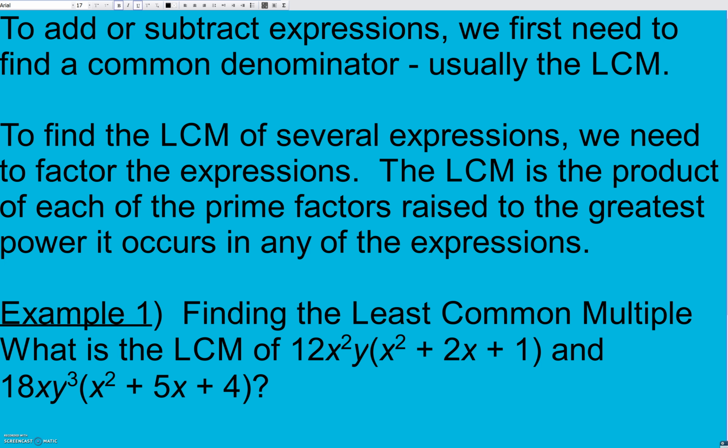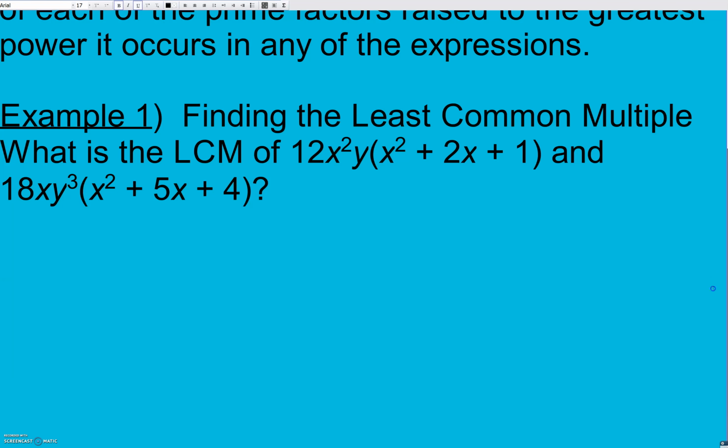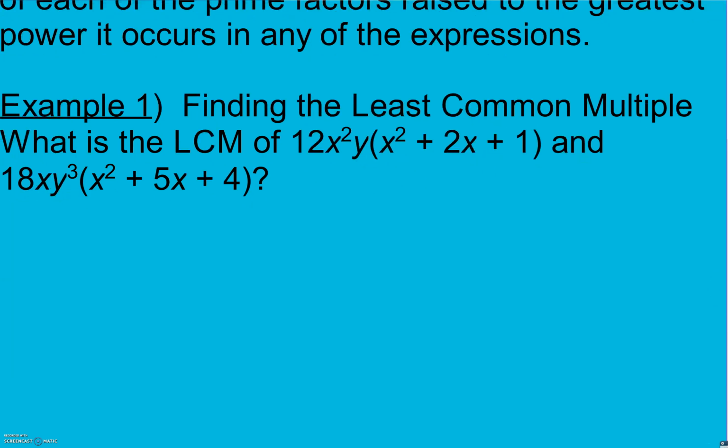So, finding the least common multiple between our first term and our second. First thing we need to do is break it down into factors. So right now, we have 12, which is 4 times 3. 4 is 2 times 2.